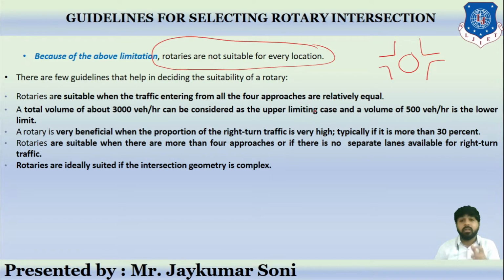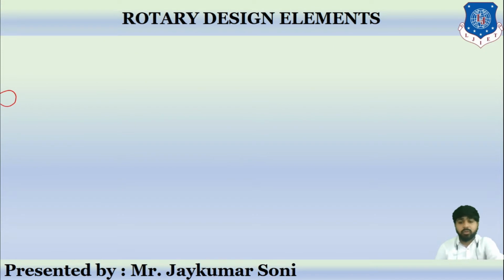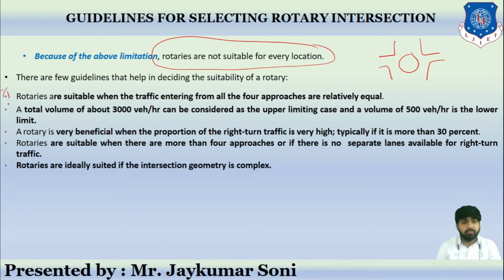First, rotaries are suitable when the traffic entering from all four approaches, from this approach, this approach, this approach and this approach, is relatively equal. It means approximately equal traffic must be there.